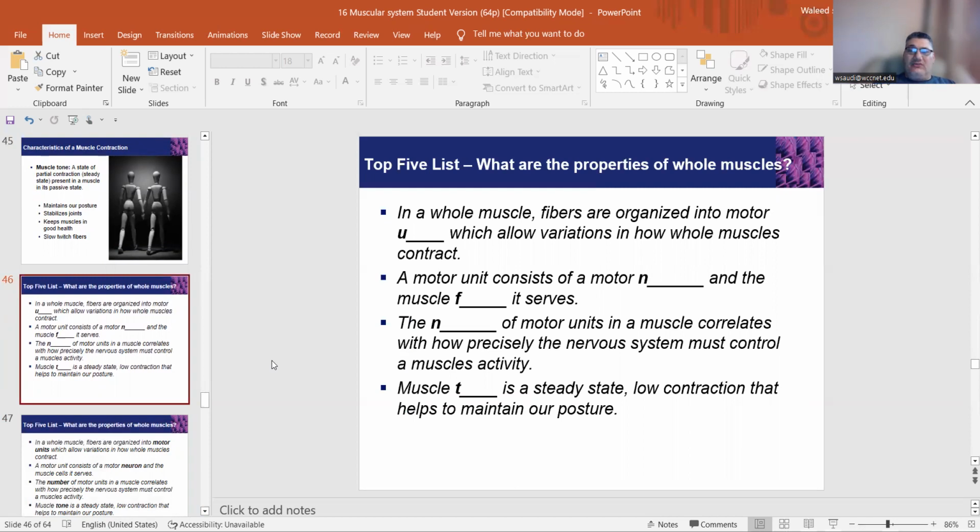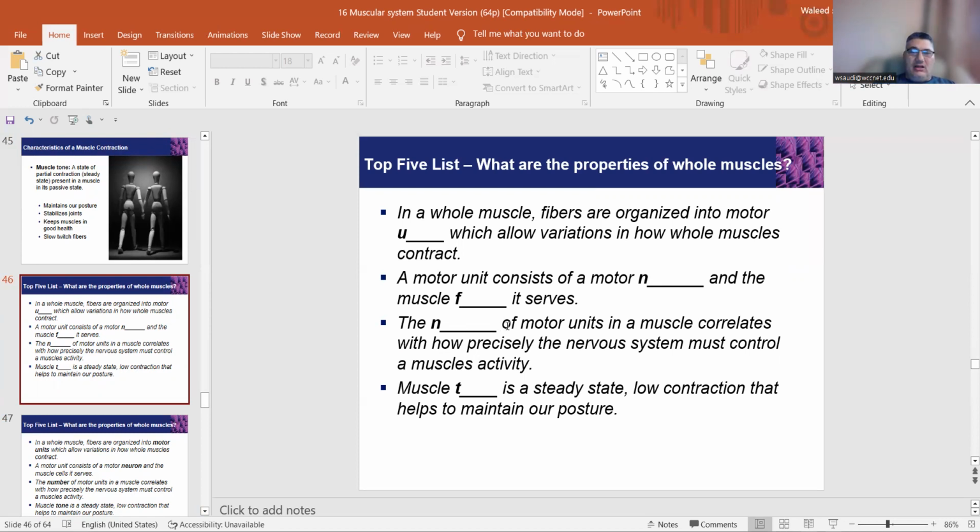What are the muscle fibers organized into? Motor units. And this is what gives us the ability to do a light job or moderate job or heavy job. It's motor units. The motor unit consists of what? Motor neuron and the muscle fibers, not fiber, fibers, 2, 3, 10, whatever it is.